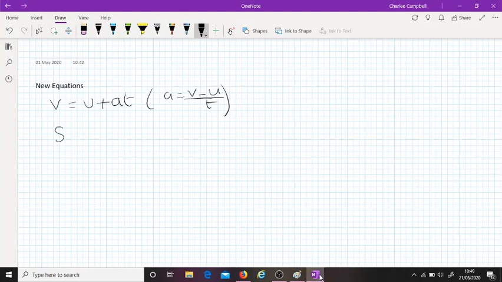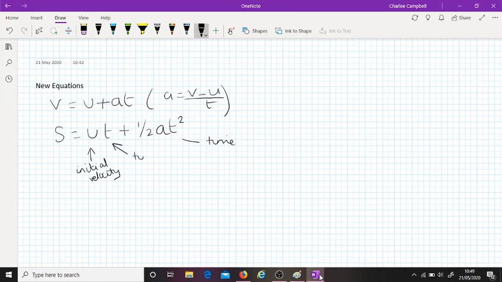So s equals ut plus a half at squared. So u is initial velocity, t is obviously time, and that is time again.